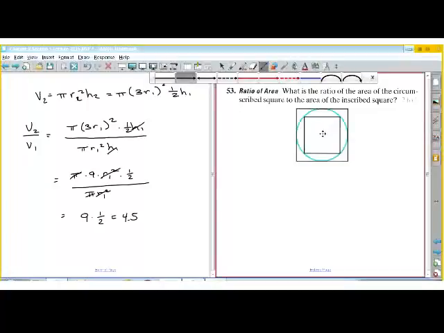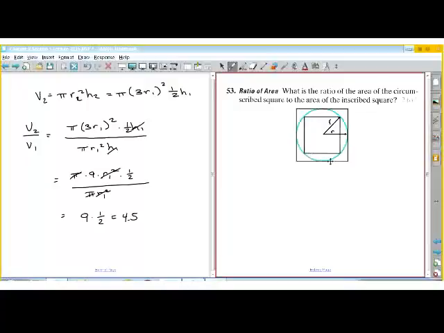So how would we do that? Well, what you have to do is think about, we had a problem like this earlier. The distance from the center of the circle to here is the radius of the circle. But if I draw another line from the center to the circle, that distance is also r.